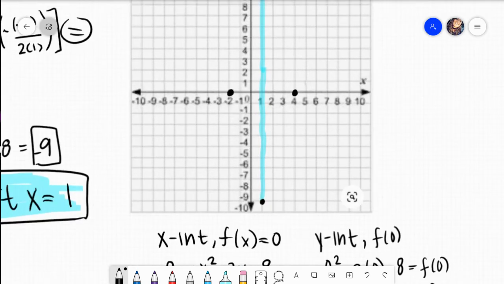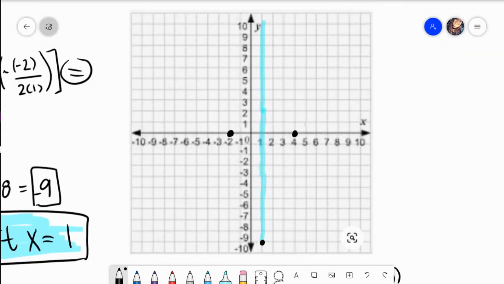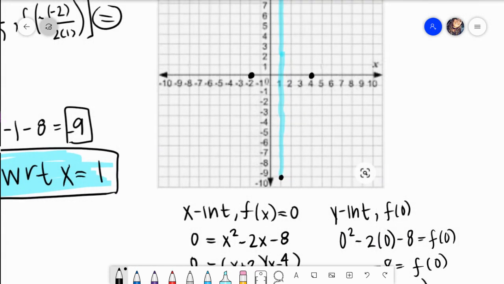And you go down to negative 8, which would be right here. 1, negative 2, negative 3, negative 4, negative 6, negative 7, negative 8. It's kind of weird with the way the numbers are, because the numbers are bigger than the space allotted.